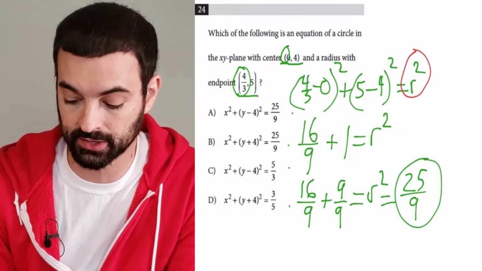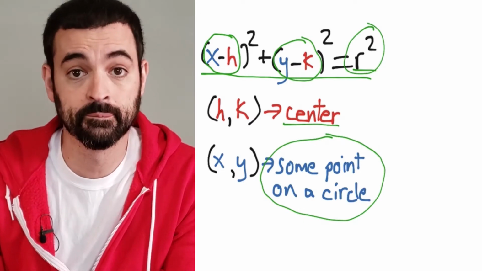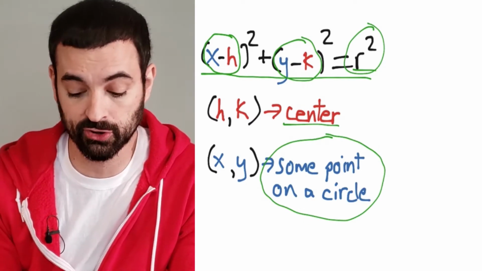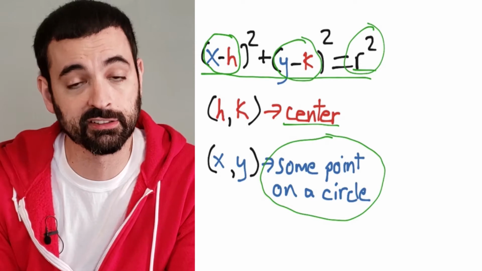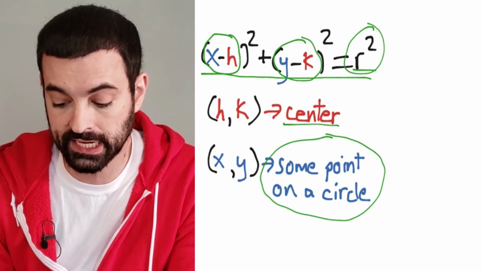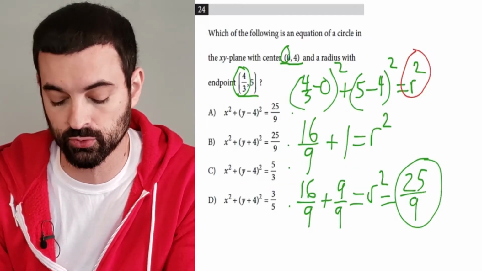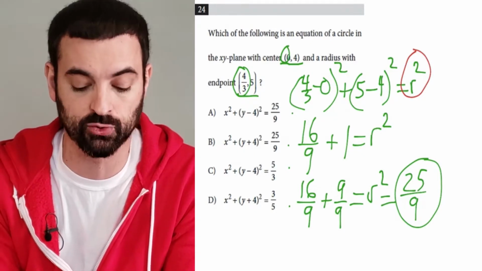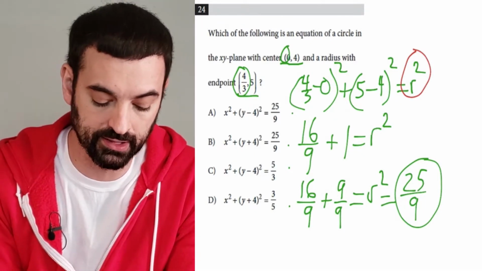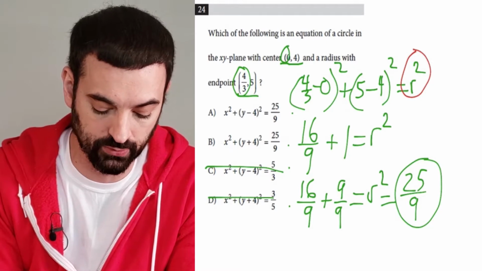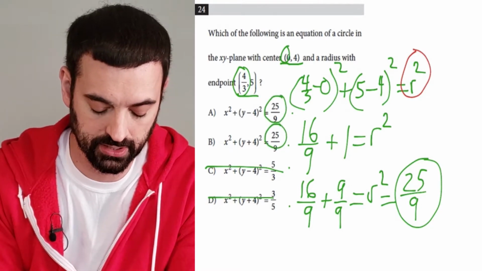Remember, I'm going to jump back to the equation again, that the formula for the circle gives you radius squared. So we don't need to simplify that. We don't need to take the square root of it. We want the radius to be squared in our final answer. So that eliminates C and D. We want 25 over 9.